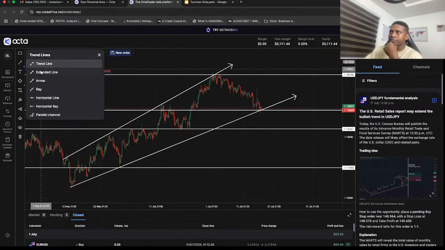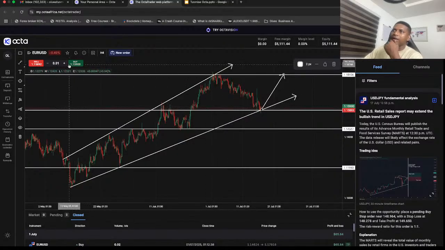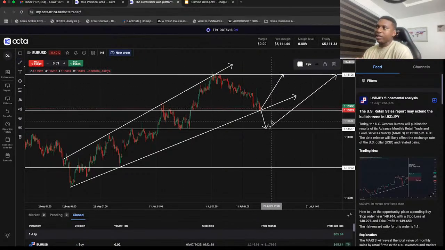One is that, let me get the arrow, price bounces up from here. And the other is that price pushes back to this level, and then pushes back up. So there are two ways.